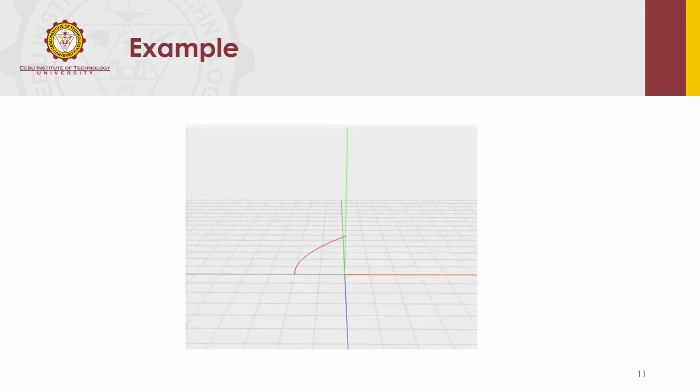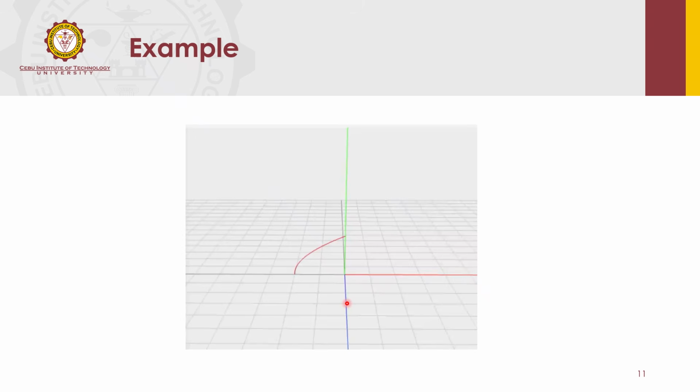Since the site does not have an option to change the axis of rotation, it's only limited to the x-axis and y-axis. So I just placed the axis of rotation x equals 2 on the y-axis and just shifted the points to the left. Okay, so this is the original origin, the y-axis.